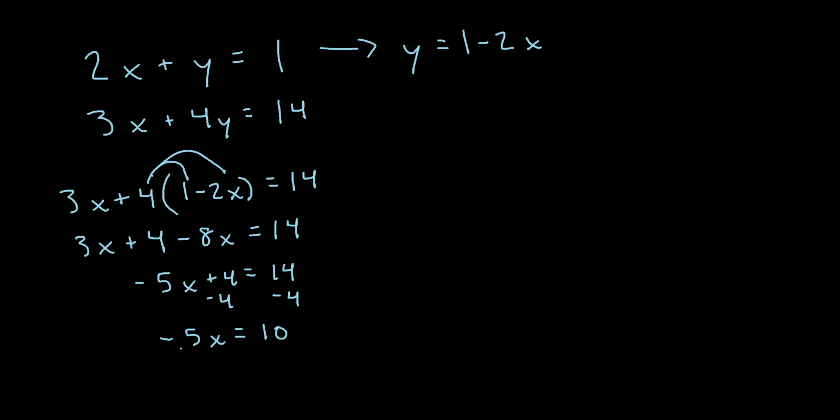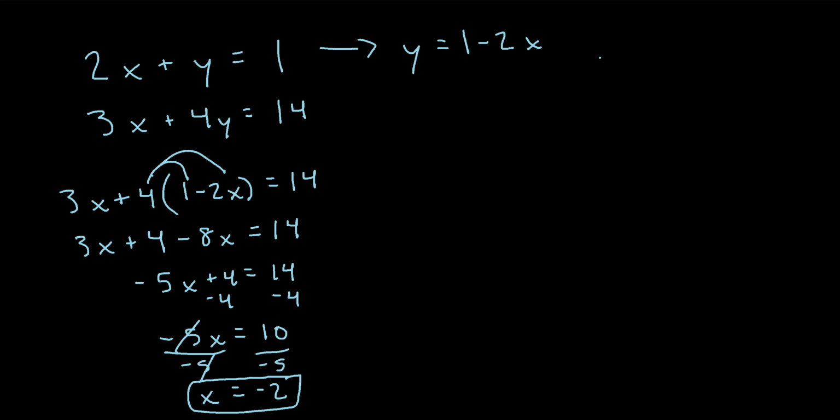Now to solve for x, we can divide both sides by negative 5. So these negative 5's go away, and we're left with x is equal to 10 divided by negative 5, that's negative 2. So x is negative 2. Now what we can do is we can plug that back into our formula up here for x, and we can solve for y.